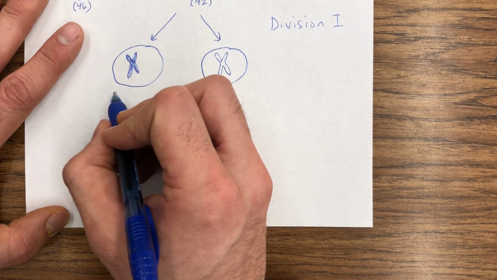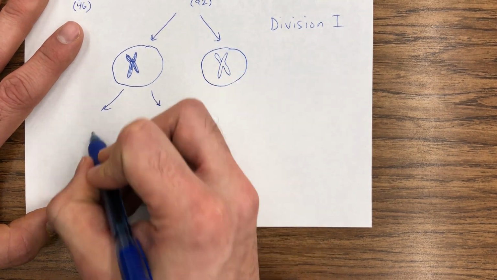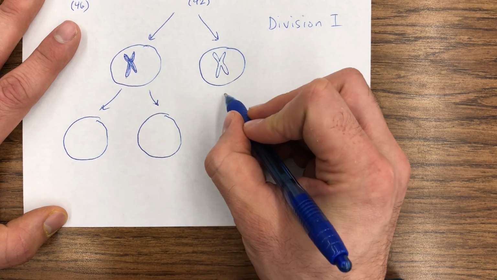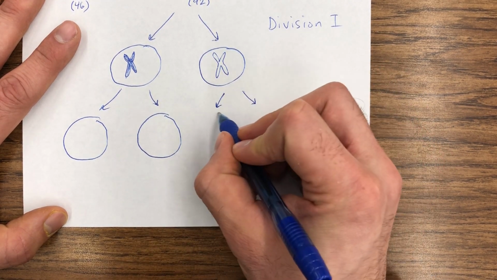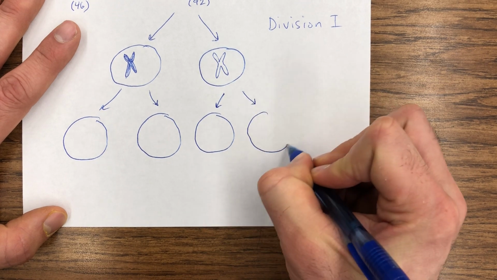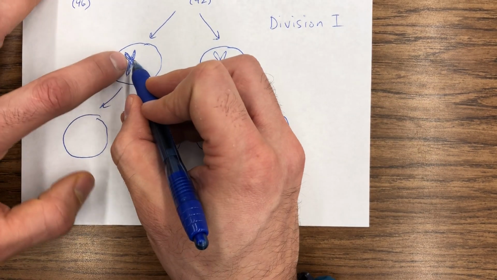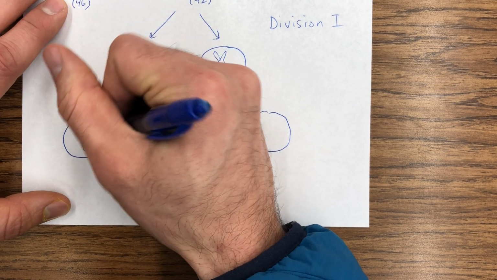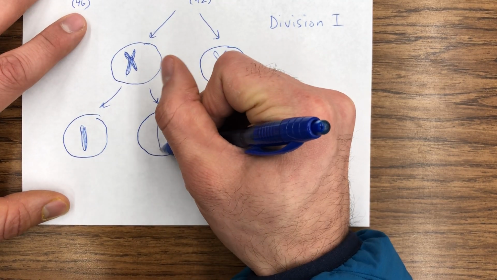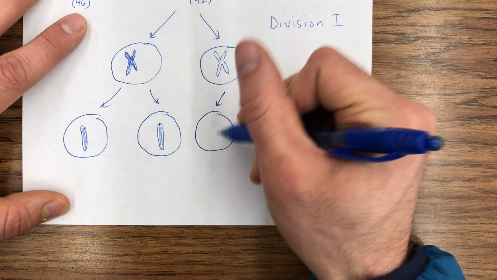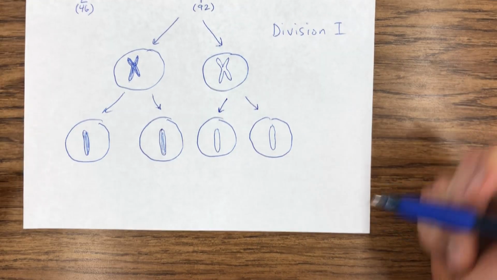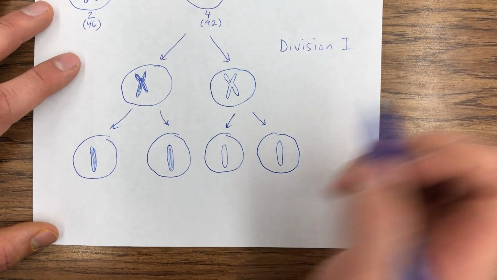So these two are going to separate, and these two are going to separate. So when these two separate, this gets pulled that way, this gets pulled that way. So now we got, pew, and another one. And then these two are these.